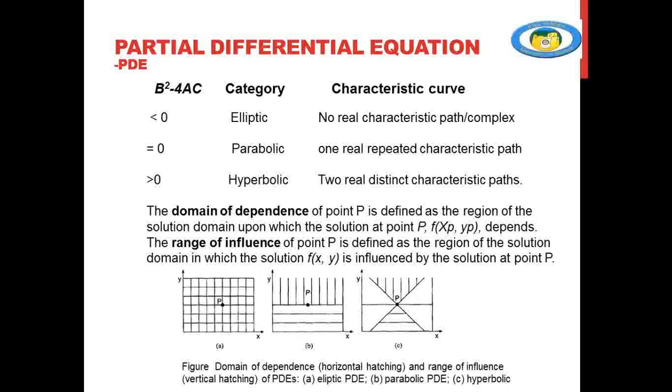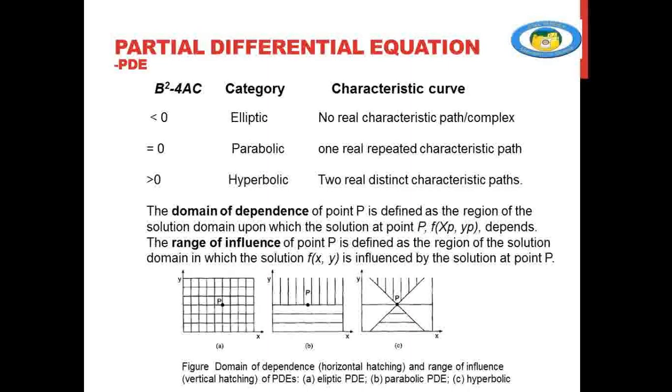So with elliptic partial differential equations, you can consider the domain of dependence and range of influence. There is no clear domain of dependence and range of influence here in the case of elliptic.